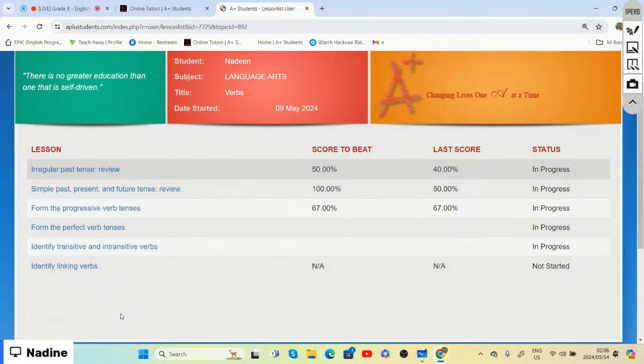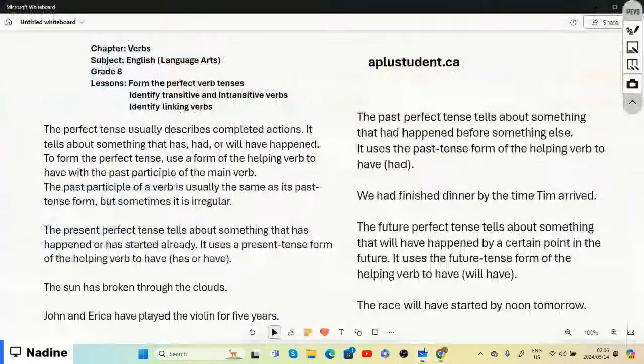Then we went over simple past, present, and future tense. And then we also had to form the progressive verb tenses. But today, we are going to continue with the chapter of verbs.